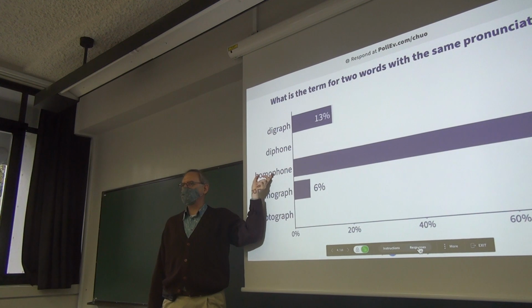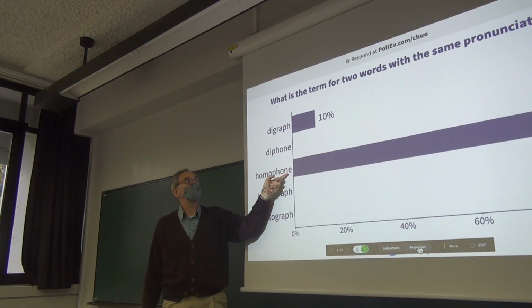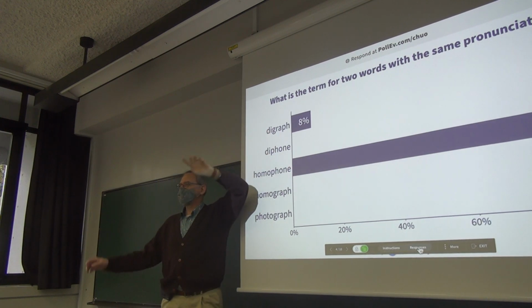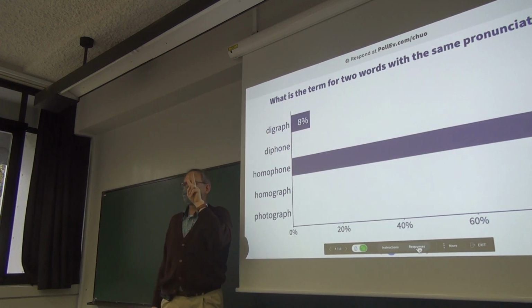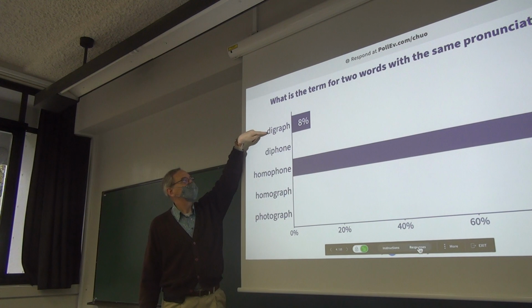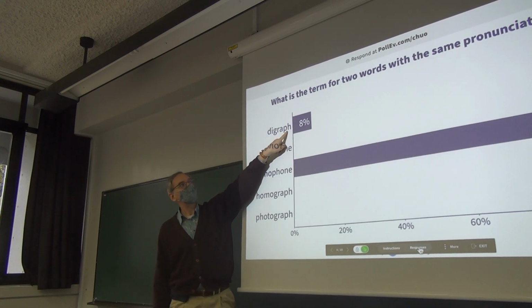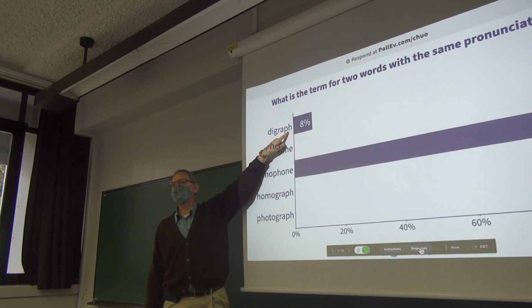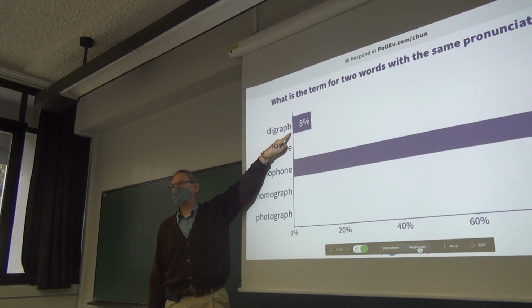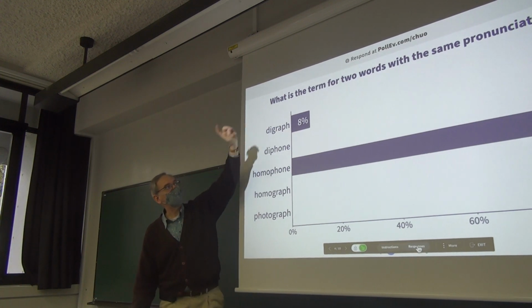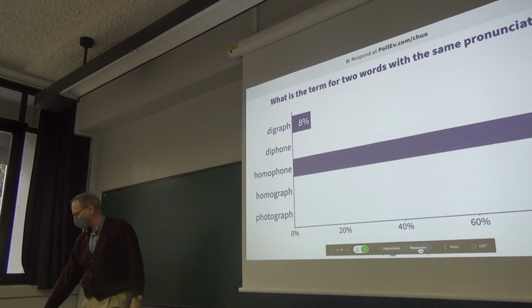Same sound, homophone. Two words with the same pronunciation. Digraph is just two letters used to represent a sound. So that would be like the letters SH, sh. Or PH in digraph is two letters, PH, for one sound.